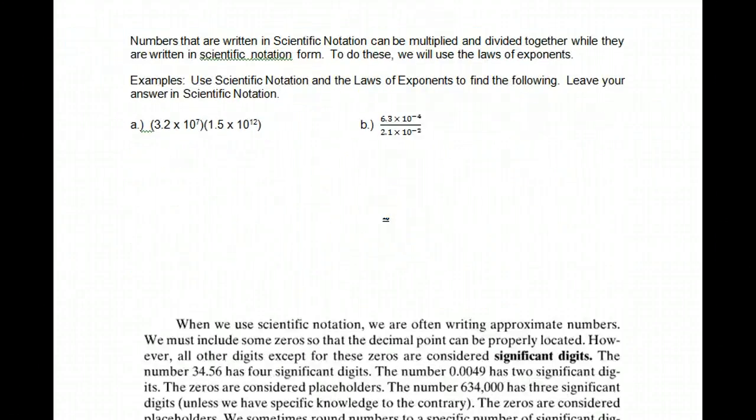Okay. Now, numbers that are written in scientific notation can be multiplied and divided together while they are written in scientific notation form. To do this, we will use the laws of exponents, and this is where scientific notation becomes extremely useful.